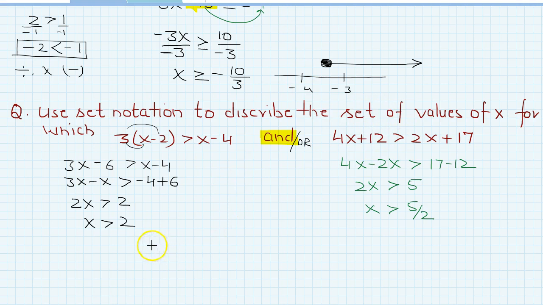So we are having two inequalities. Let's draw a number line and see. So let's say this is 0, this is 1, 2, 3, 4. Now let's talk about the first inequality. x is greater than 2. This is 2. So let's say this inequality is here.